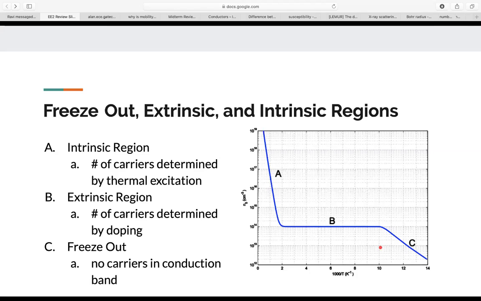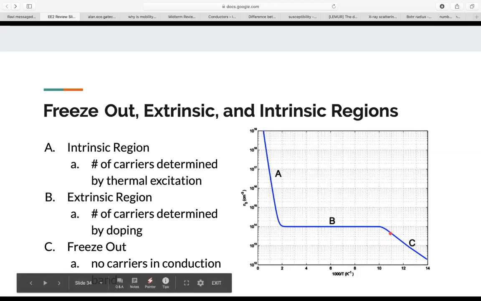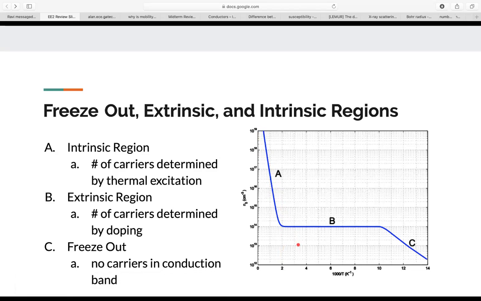That's usually where you want to keep your semiconductors. You want to keep them in this extrinsic region, because when things get too hot, usually around 700 Kelvin, you start to see this dip up into the intrinsic region, where your number of electrons in the conduction band equals the number of holes in the valence band.